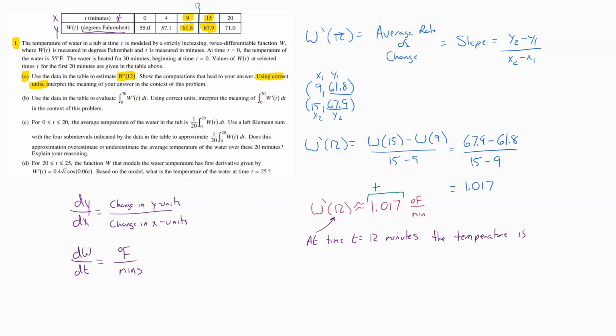If it was negative, we would say decreasing. So in this situation, because it's positive, we would say it is increasing. And then they really like to hear this language, at the rate of, and then that's where your answer comes in, 1.017 degrees Fahrenheit per minute.